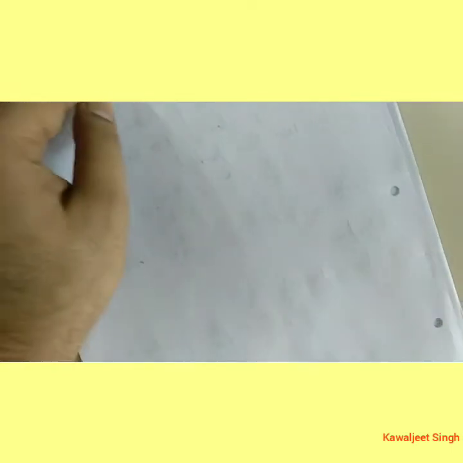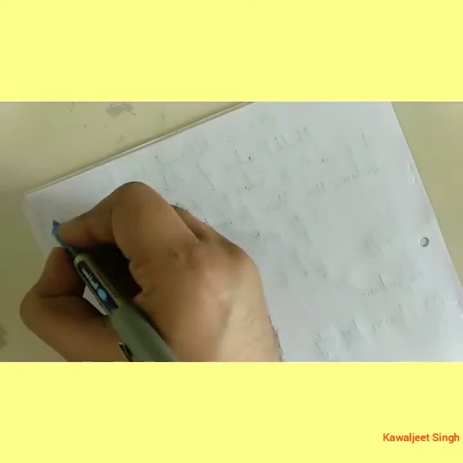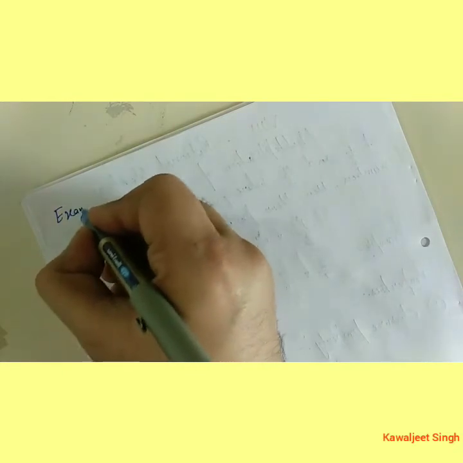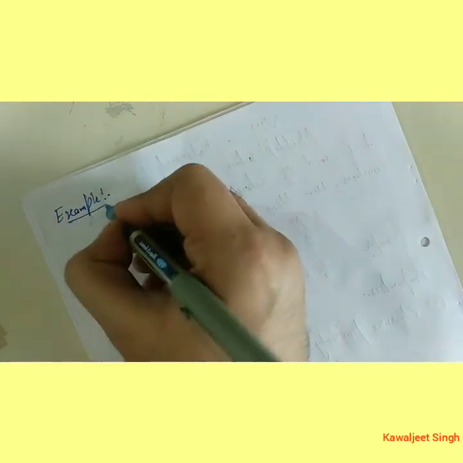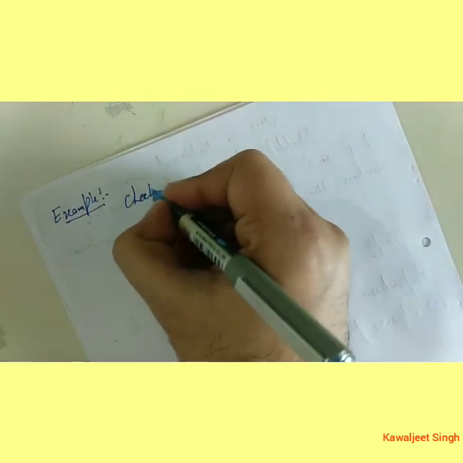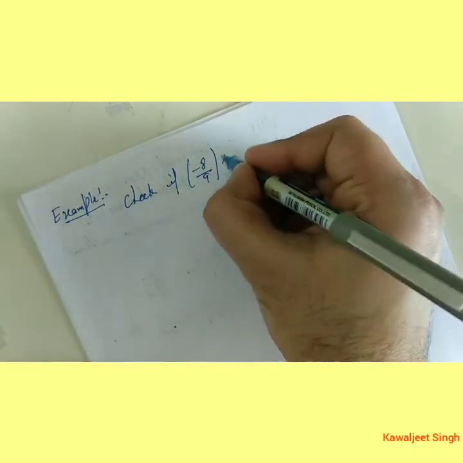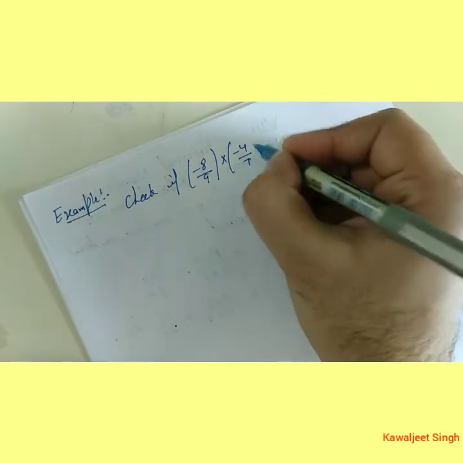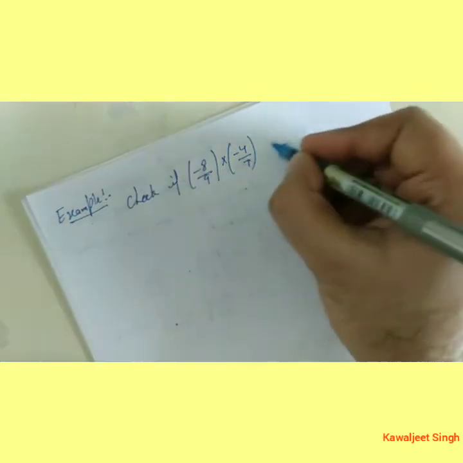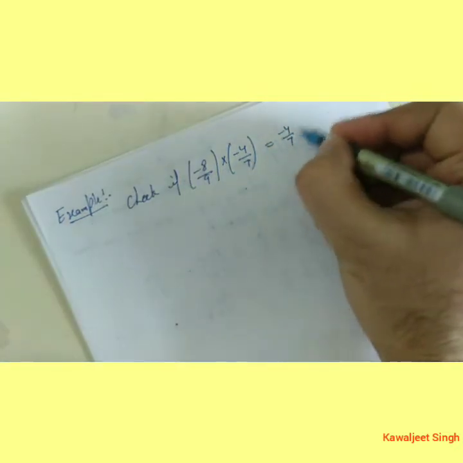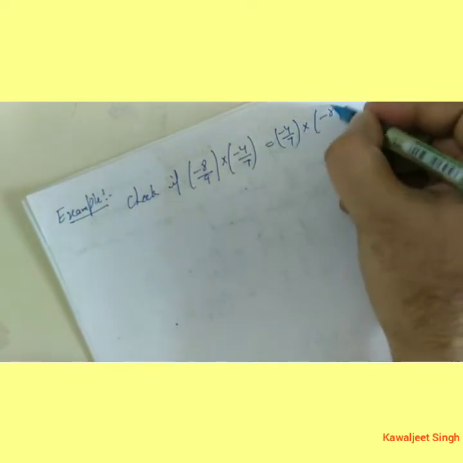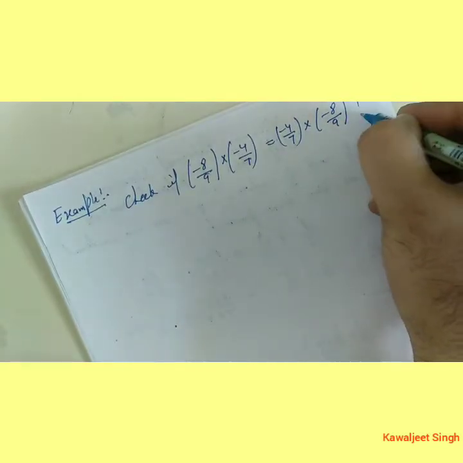So on the basis of that, see here the example. Check if minus 8 by 9 multiplied by minus 4 by 7 is equal to minus 4 by 7 multiplied with minus 8 by 9 or not.